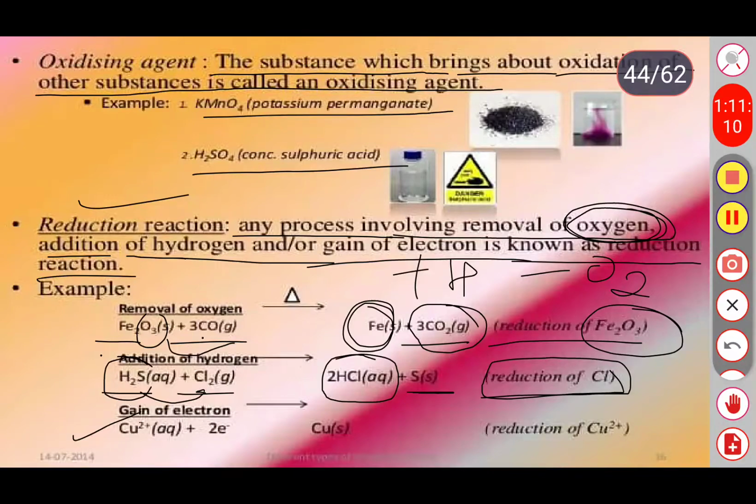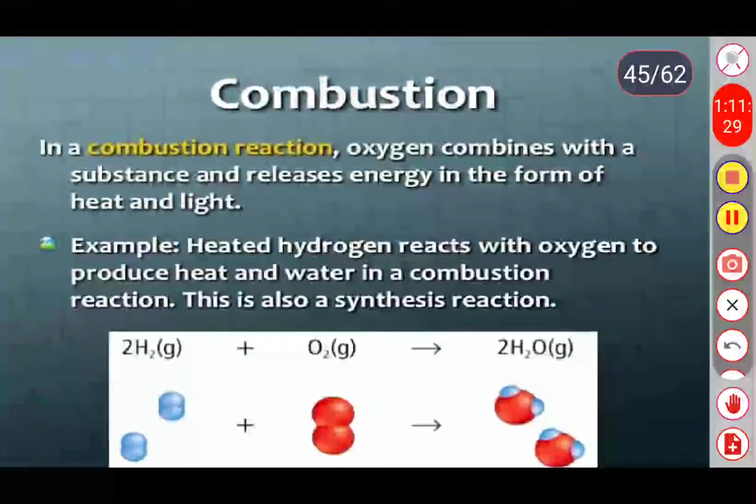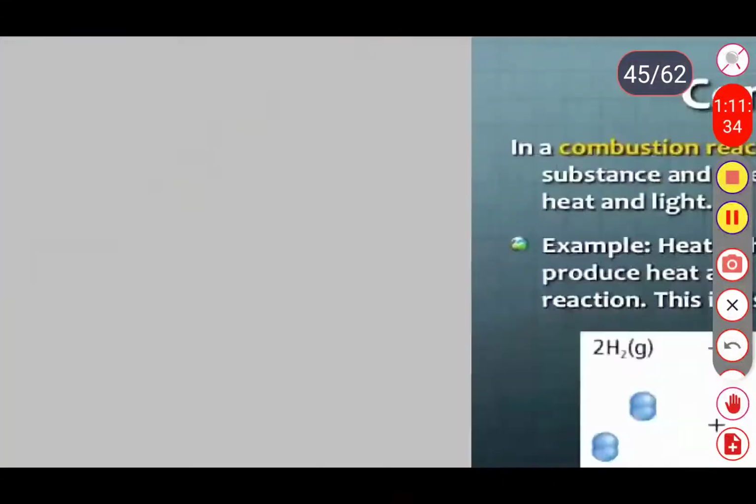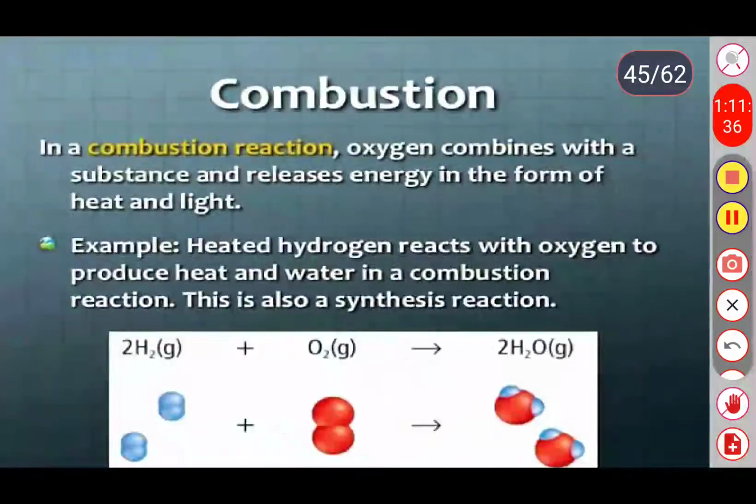Okay, now see the next type of reaction, that is combustion reaction. In the previous classes you already learned, combustion means what? Burning of substances. In the combustion reaction oxygen is combined with the substance and releases energy in the form of heat and light.